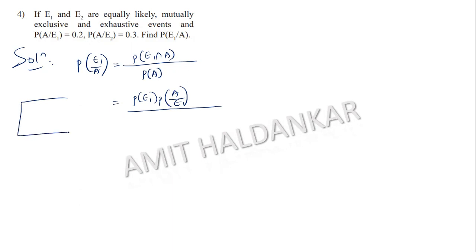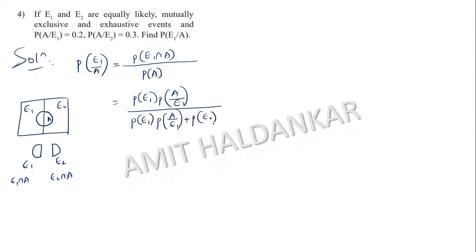Now, if you look at the question, it says E1 and E2 are equally likely and mutually exclusive. This is E1 and this is E2, and there is some A over here. So A will have two parts, one part from E1 and one part from E2. So it will go like P of E1 intersection A and E2 intersection A, which is P of E1 into P of A by E1 plus P of E2 into P of A by E2.